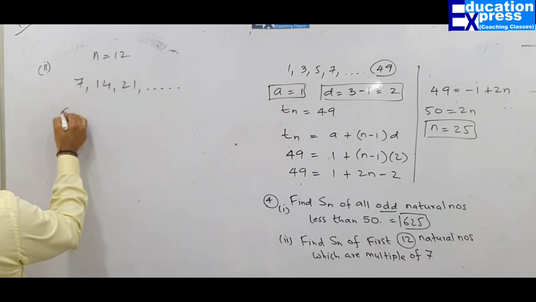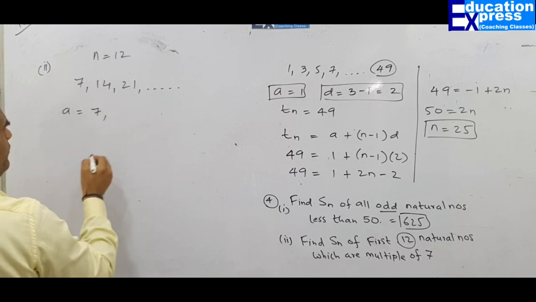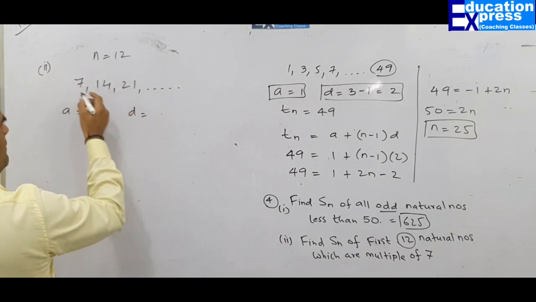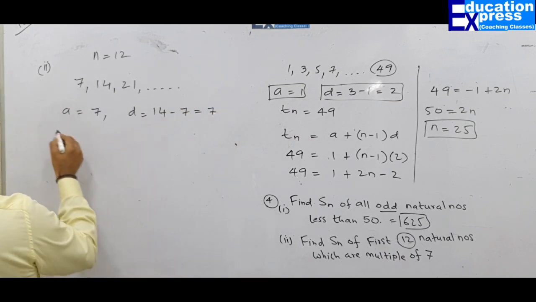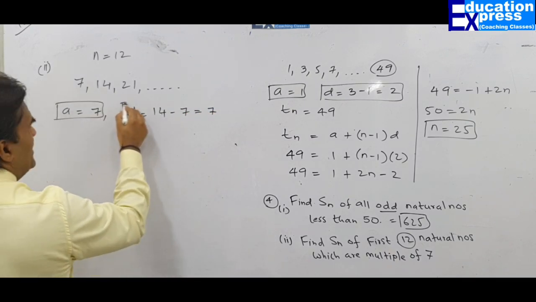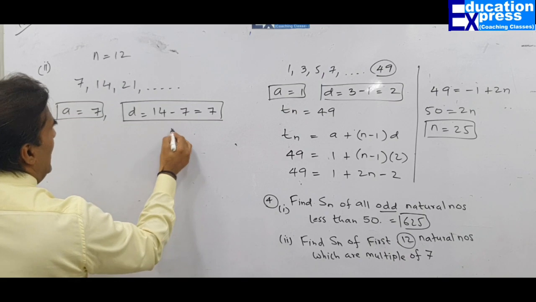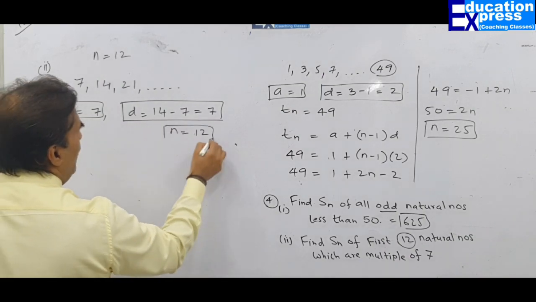In this example, A is going to be 7. D equals second term minus first term, which is 7. Very simple question. A is available? Yes sir. D is available? Yes sir. n is available? Of course sir.